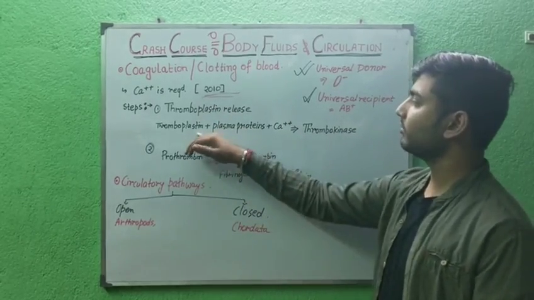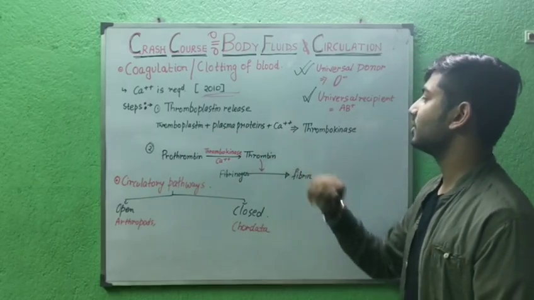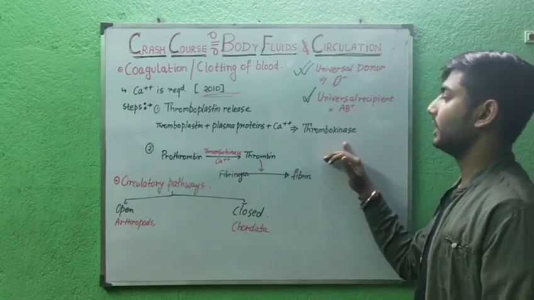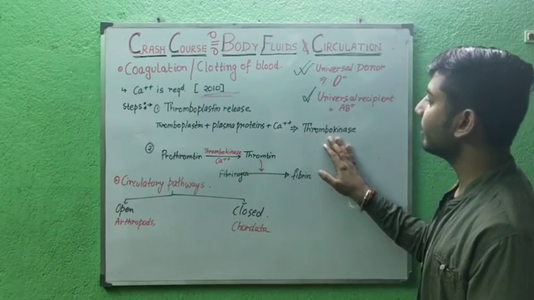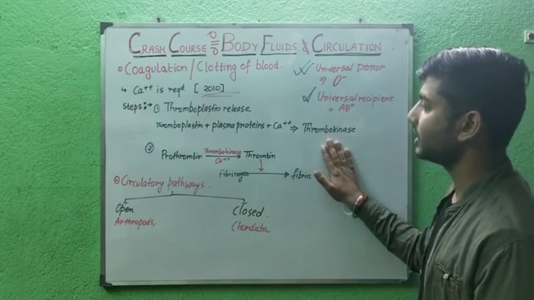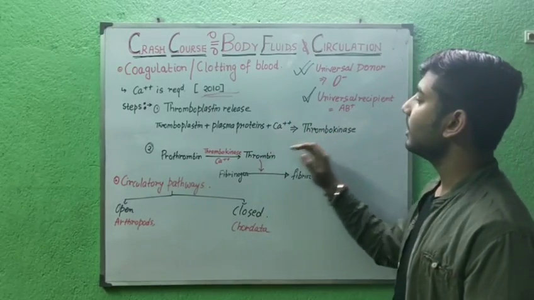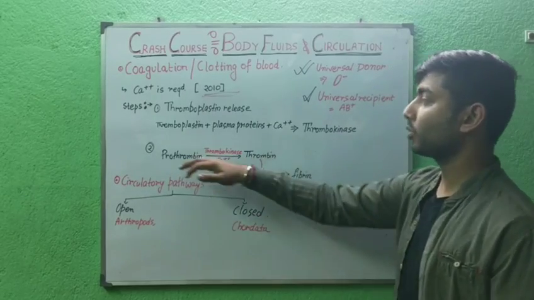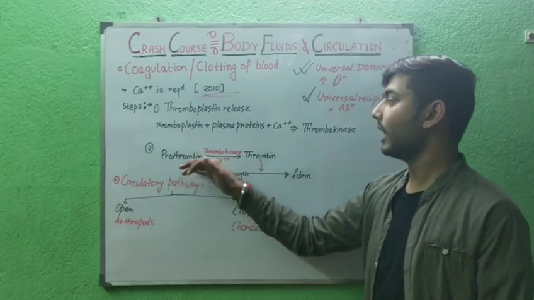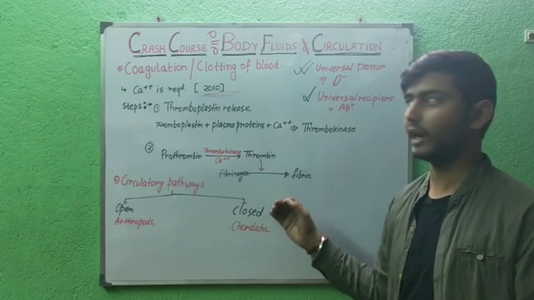Now, the thromboplastin which is released will bind with plasma proteins and calcium to activate thrombokinase. Thrombokinase is an enzyme which is activated with the help of calcium ion; see here the role of calcium ion. Thrombokinase will activate prothrombin into thrombin. Prothrombin is a plasma protein and a clotting factor, if you remember from the first slide.